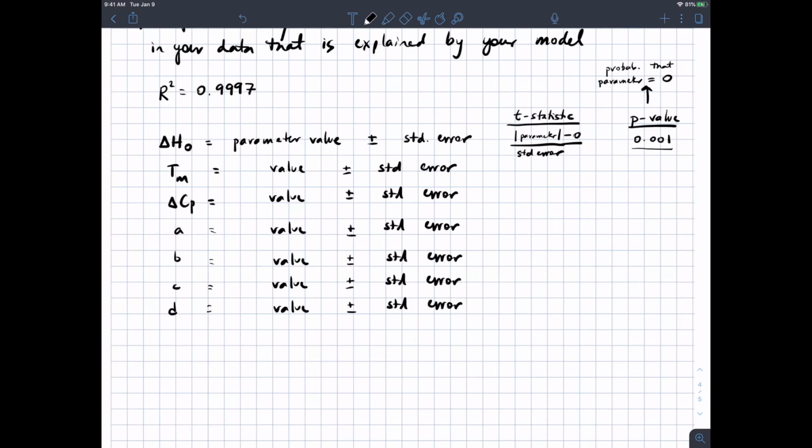We can tolerate some higher p-values when necessary, but in general, we're going to use these p-values as an indication of whether we actually know that that parameter value is different than 0. So the p-values for delta H and Tm are almost always very low. Delta Cp sometimes has a p-value that's high enough that we'll want to remove it from the fit.